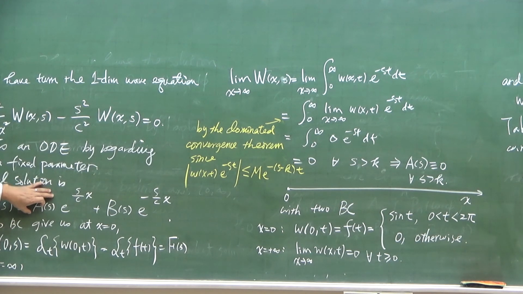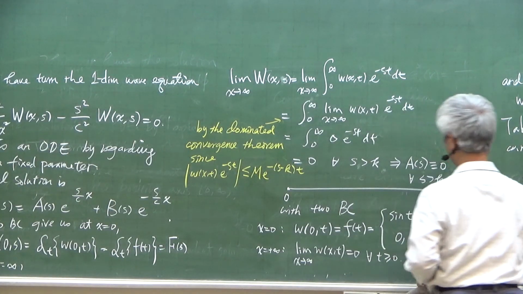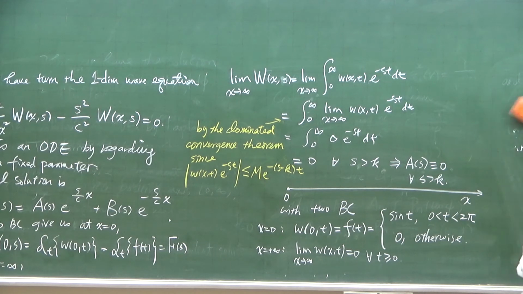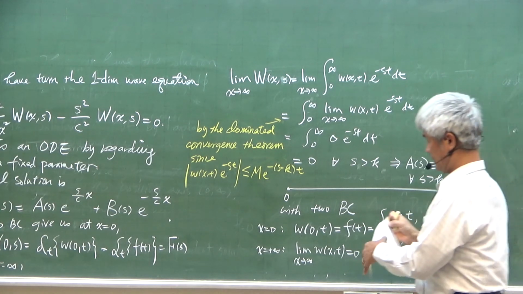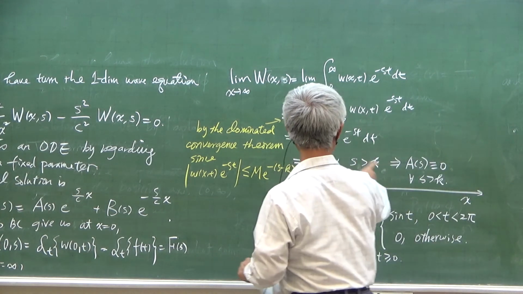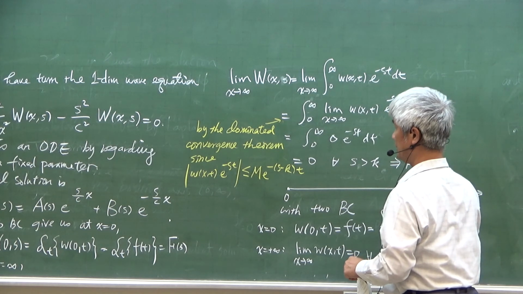So if this is non-zero, then you can't have a vanishing capital W as s goes to infinity. Only if A(x) is 0. So this implies that it is 0, and so this is 0, right?